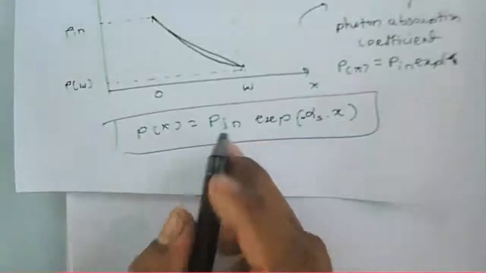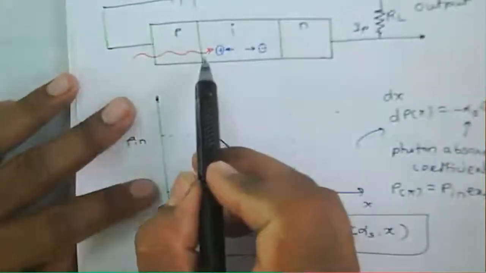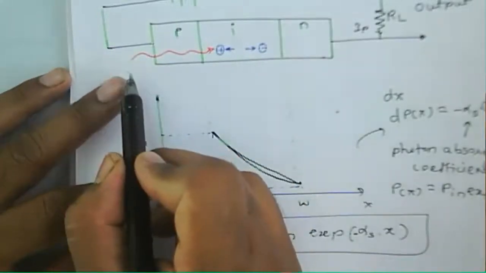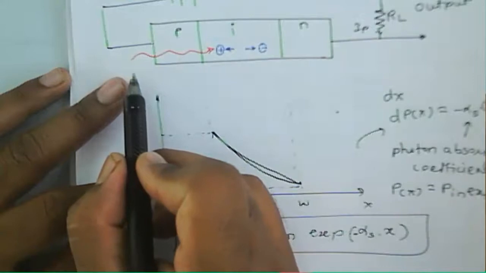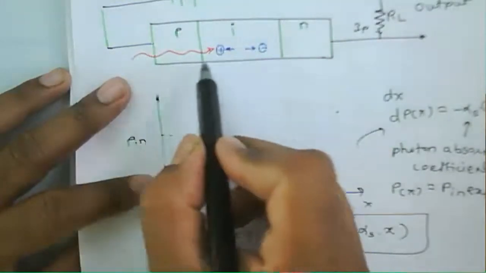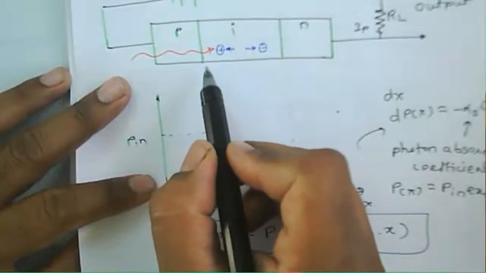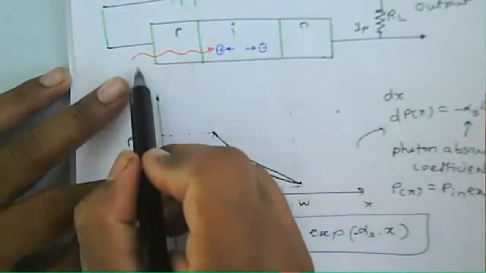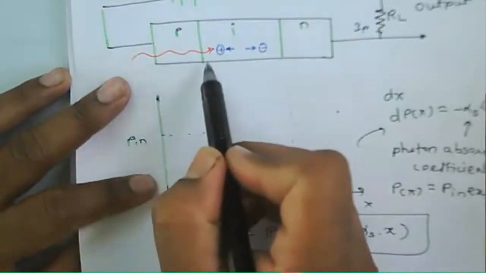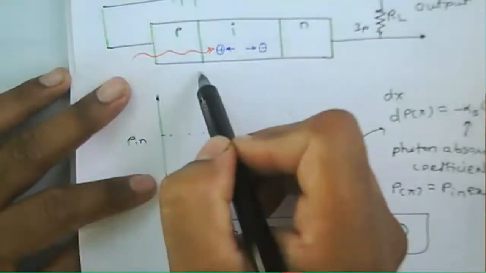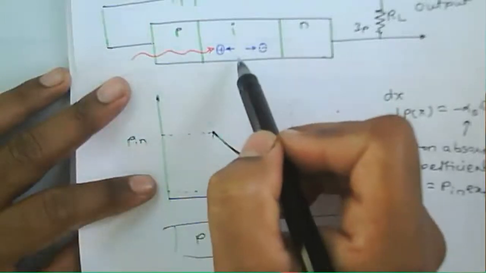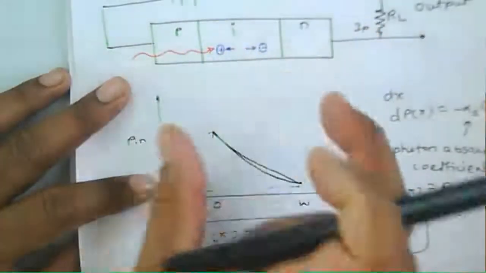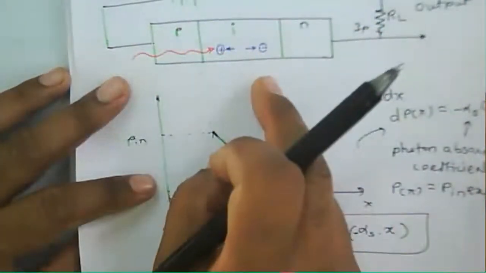Means whatever the photon flux, it will travel through this particular diode. So we can say that light is falling, and that is the input power level. It is propagating through the material, and the material has an incremental distance of delta x here.